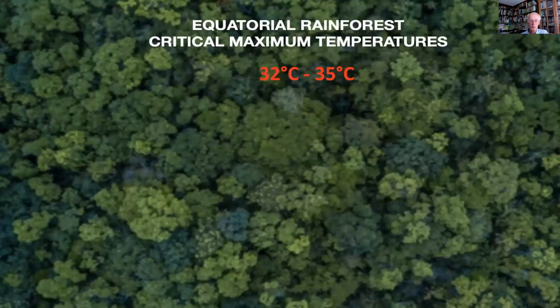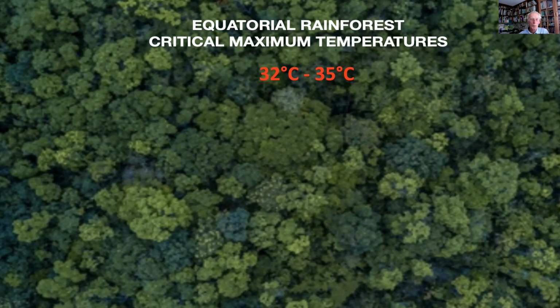Scientists have been studying, and are worried in the last few years, that temperatures in the rainforests are unfortunately getting to the point where they're beginning to stress trees, particularly in Amazonia. When the temperatures start to rise to 32 to 35, trees start to become stressed and mortality will increase.